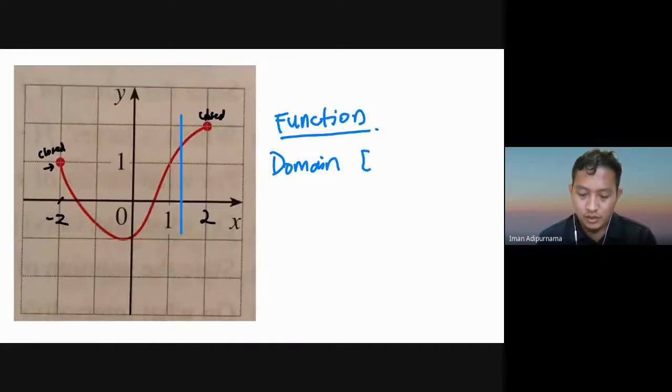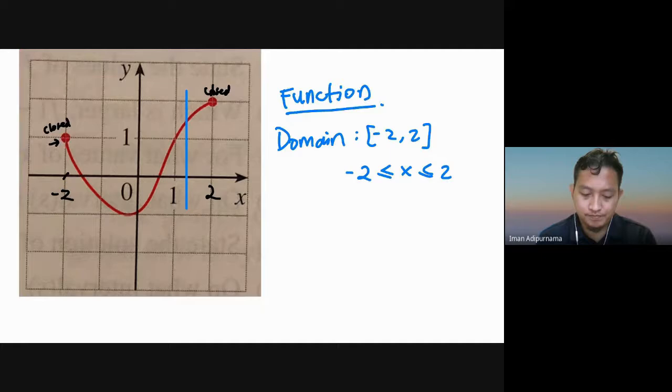So we can write this as, or you can write it maybe in this way. Yeah, that's still okay, not a problem. And then, do we need the range?